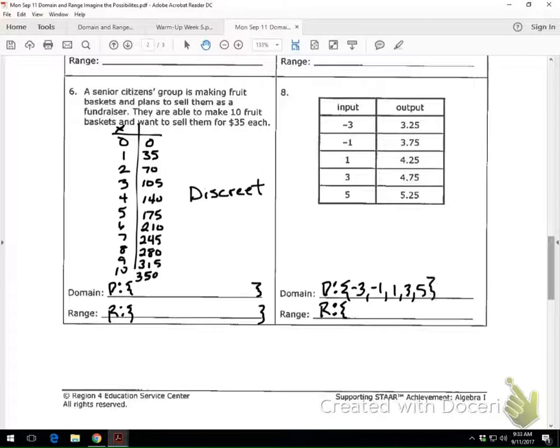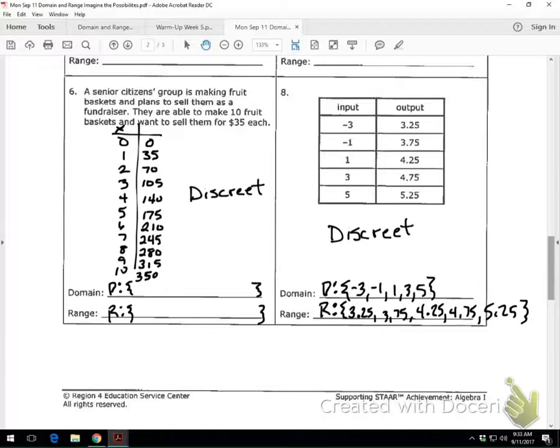Perfect. Range? 3.25. Good. 5.25. Good. Discrete or continuous? Discrete.